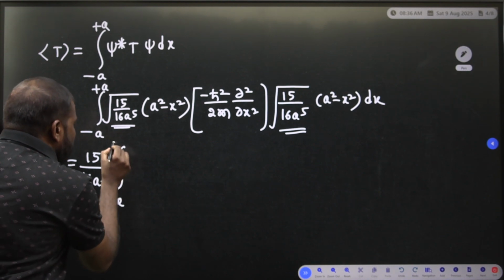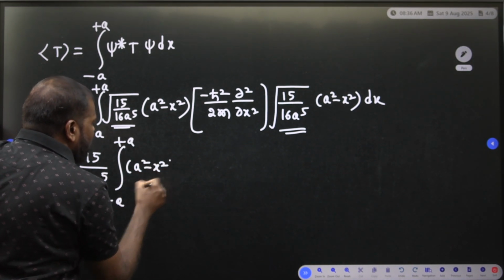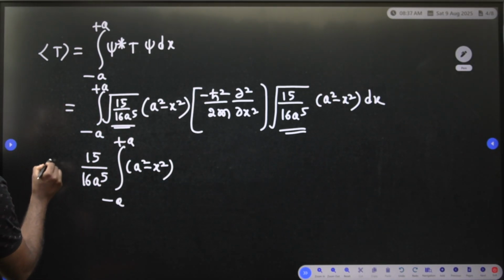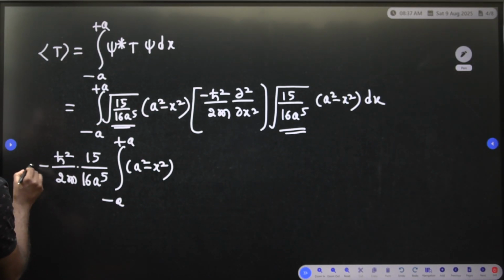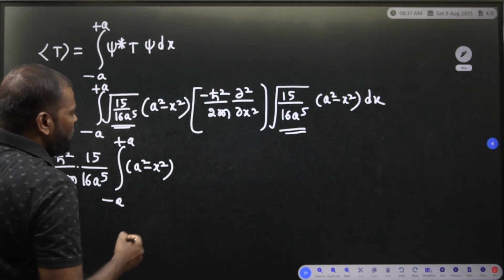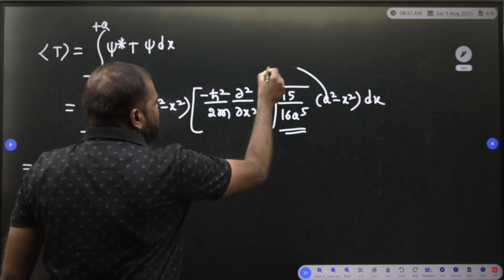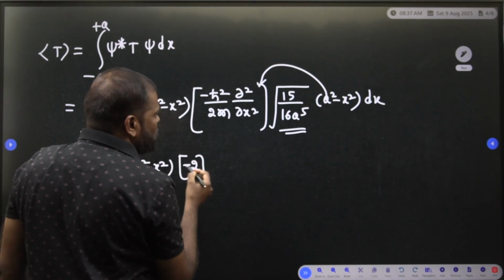The integral from minus a to plus a of a square minus x square. The constant also you have to take, so minus h cut square divided by 2m also you have to take outside. Dou square by dou x square of a square minus x square is going to give minus 2.